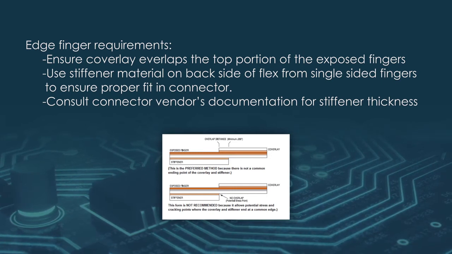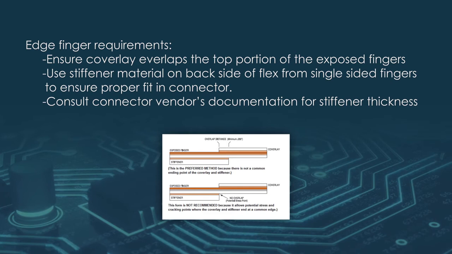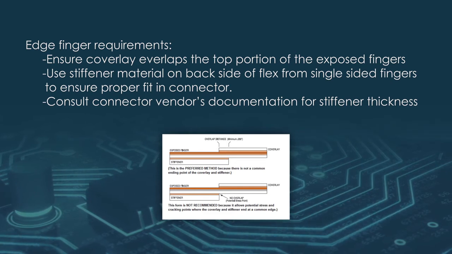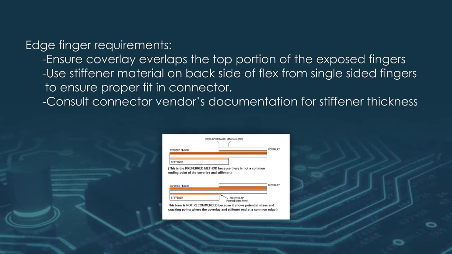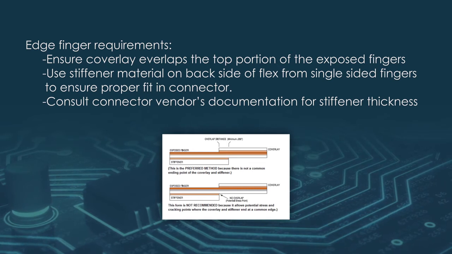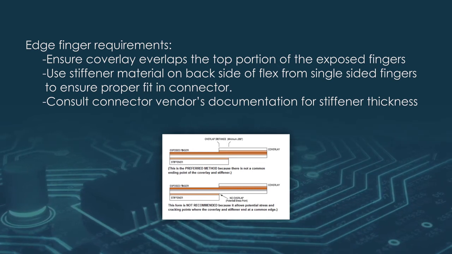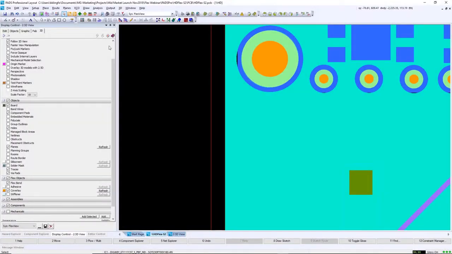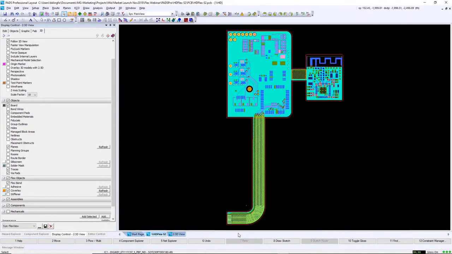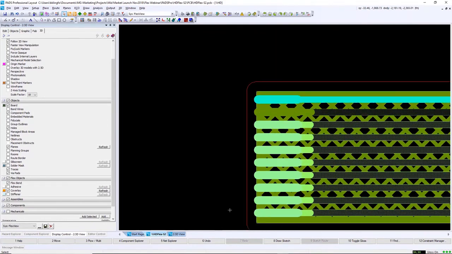As you can see in the diagram, the stiffener needs to extend past the length of the edge fingers. A minimum of 0.30 inches is recommended. For the thickness of the stiffener, consult the mating connector's manufacturer documentation. The stiffener provides a couple different product reliability features. One, it allows the flex to fit tightly into the connector.